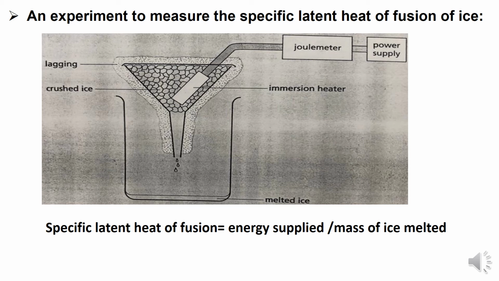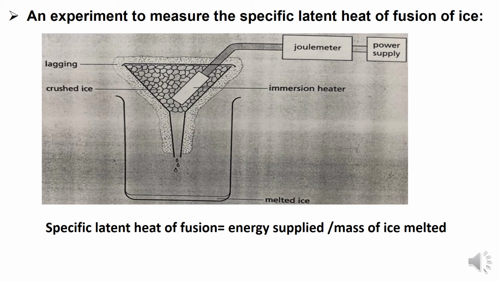So what values are taken from this, and how will you calculate the specific latent heat of fusion? First of all, you must measure the mass of the melted ice from the funnel and record the joule meter reading of the energy supplied by the immersion heater.